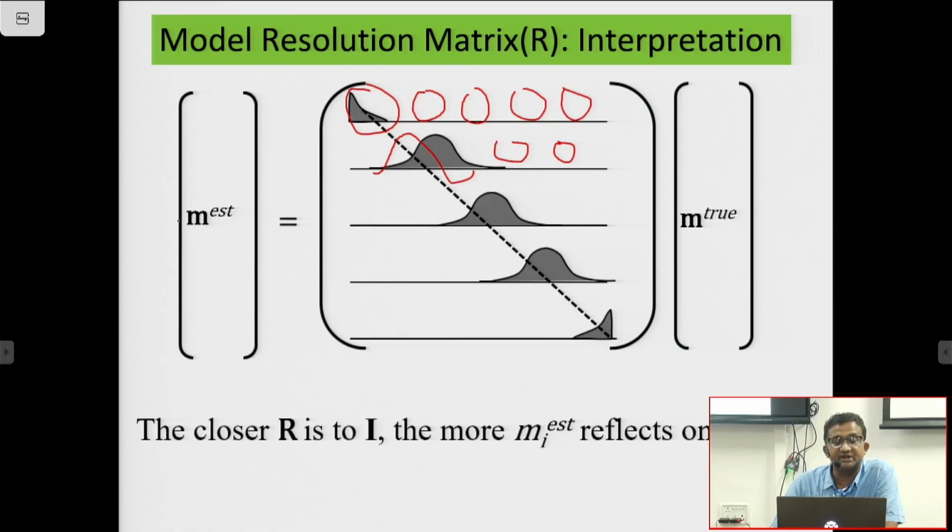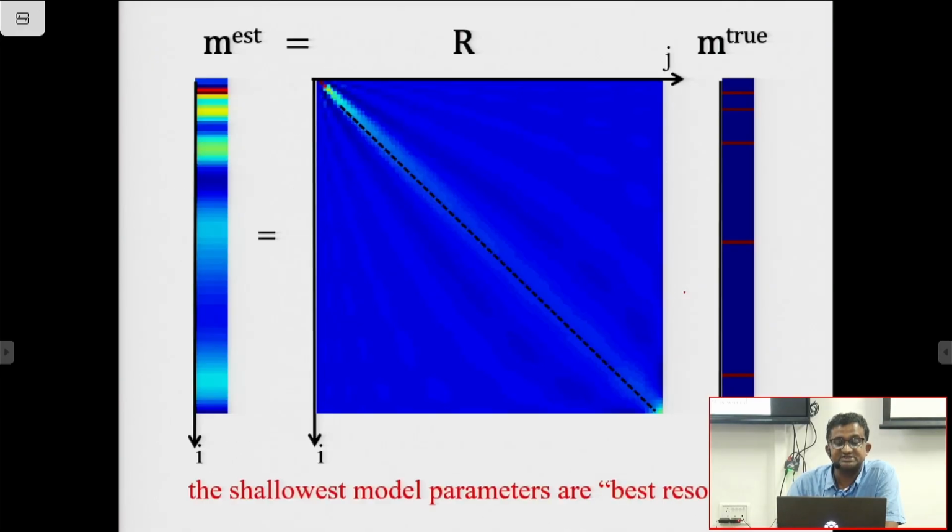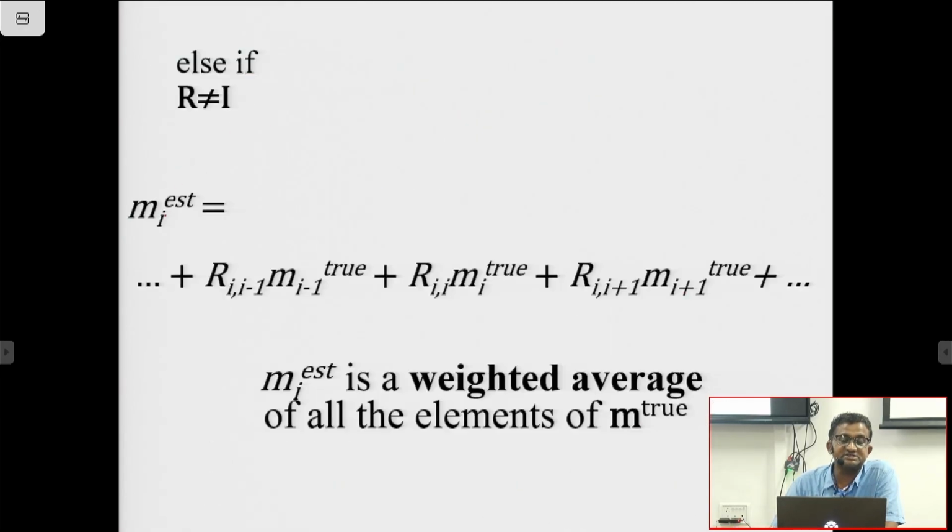Now, if we say along a row, how it can be expressed, in ideal cases, if it is a 1 and all others are 0, then it is sharply peaked at that point. But if there is some value and you get some amount of these distributions, then from these expressions we can also understand how our model estimation is related to or influenced by the model parameters lying in the neighborhood of the particular model parameter.